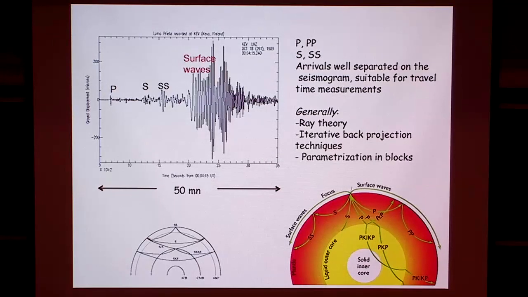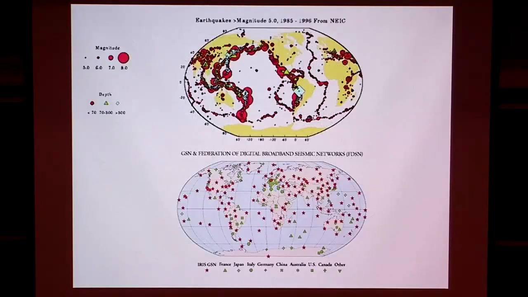However, there are some issues. Talking about the body waves, we have a limited distribution of sources around the plate boundaries for the most part, and we also have a limited distribution of stations because they're mostly on the continental masses. There are some islands, but islands are noisy, and especially in the southern hemisphere, we don't have very good coverage.